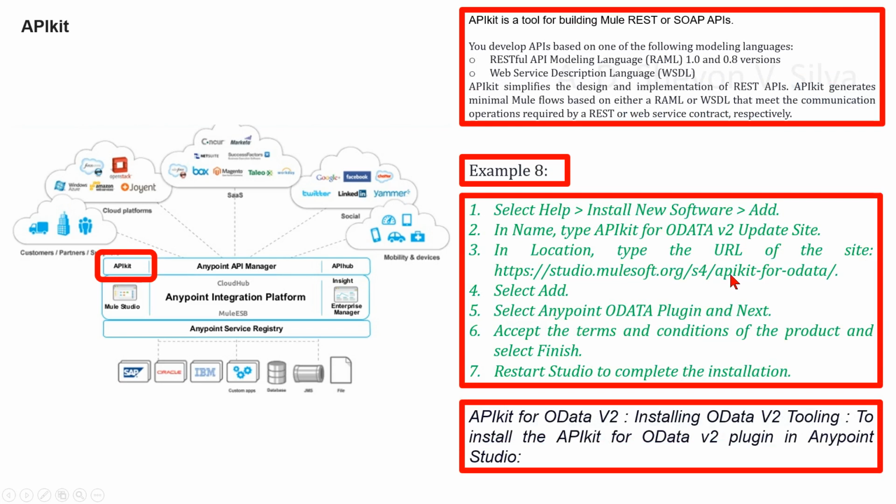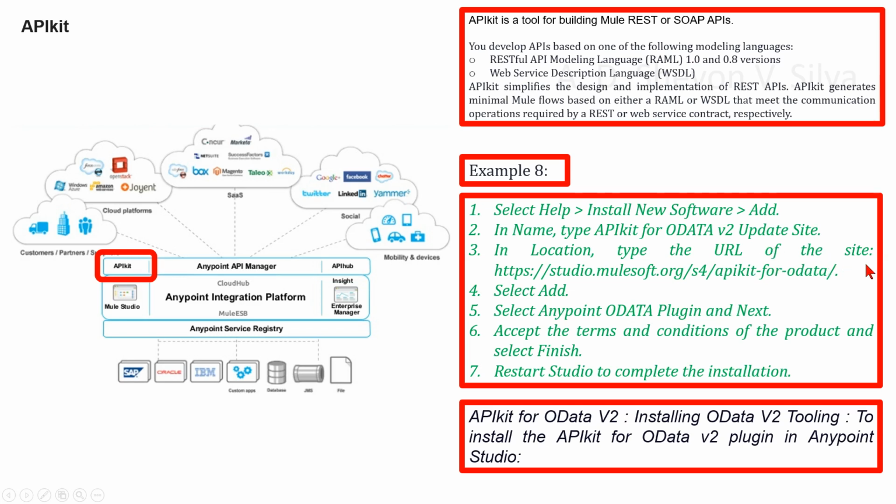Now we are considering installing OData version 2 tooling in APIkit for OData. To install the APIkit for OData version 2 plugin in Anypoint Studio, first select Help, then Install New Software, then add. In name, type APIkit for OData version 2 update site.